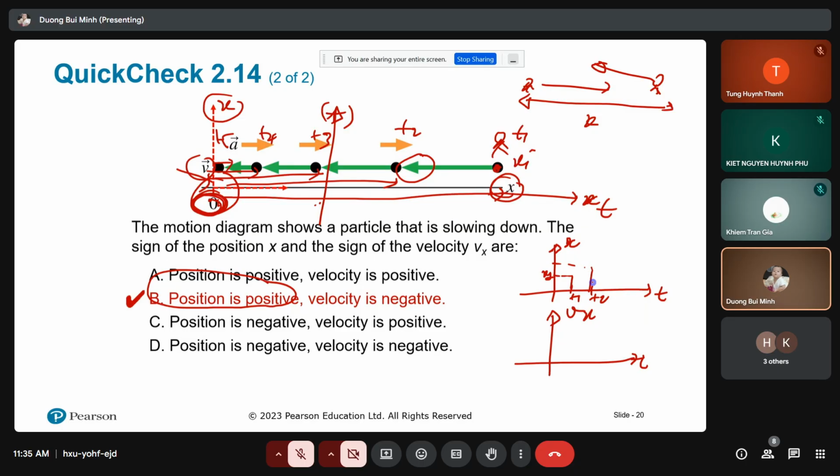You understand? And t3, you can guess x3, and of course, you know x is positive. And if we consider the origin here, we can guess x always positive. Okay? And then you can get Vx also.